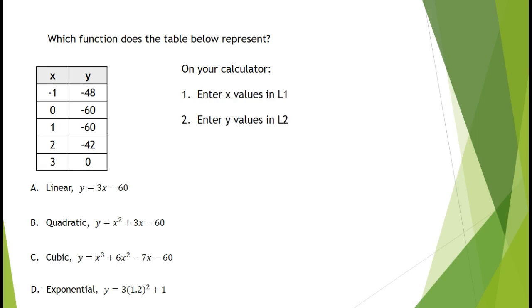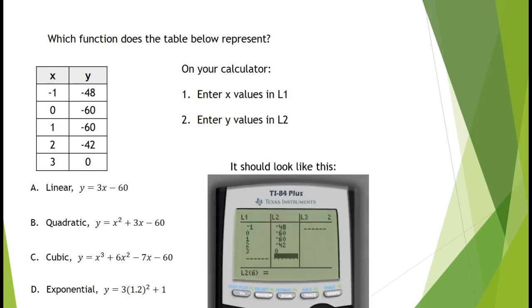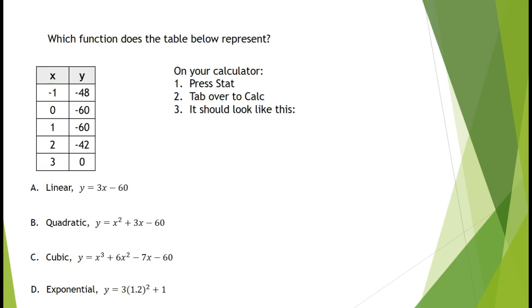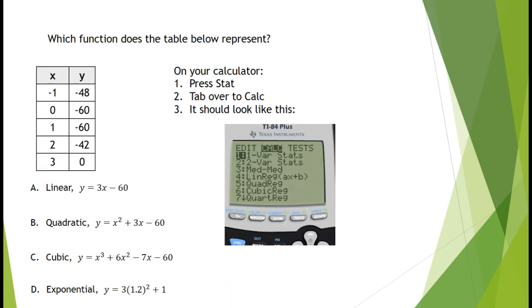Now on your calculator, you're going to enter the X values into list 1 and the Y values in list 2. I hope that you remember this because this is a really useful thing when you're working with tables. Okay, it should look like this. All right, now right from there, press Stat, tab over to Calc, and it should look like this. Now, you have several options here. Let's talk about the options we'll be using.